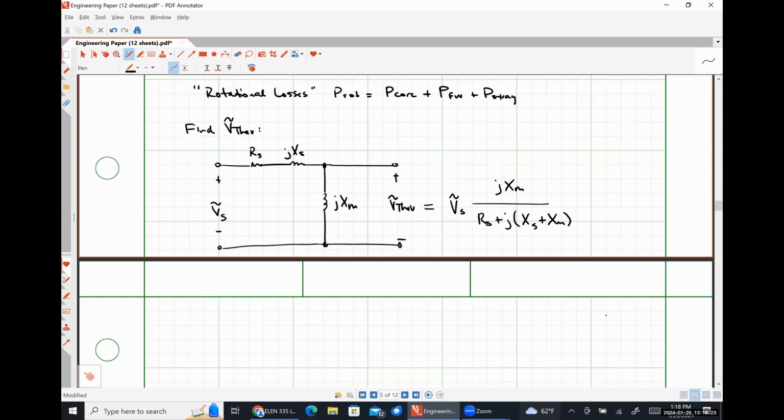Anybody have any problem with how I applied voltage division there? All right. Now let's find the magnitude of the Thevenin voltage.